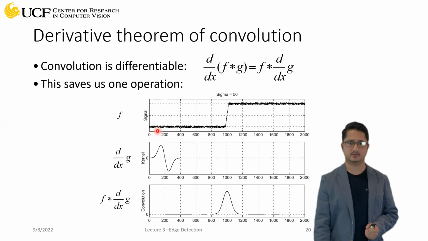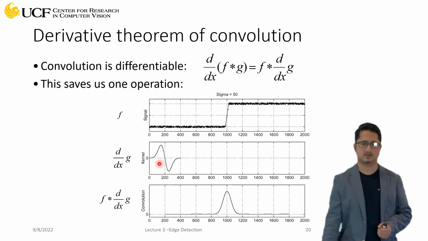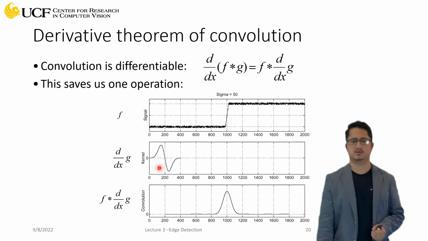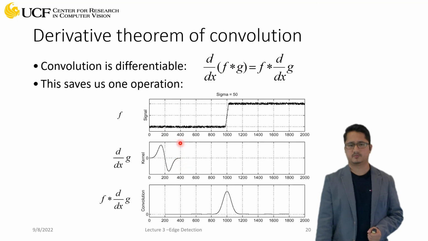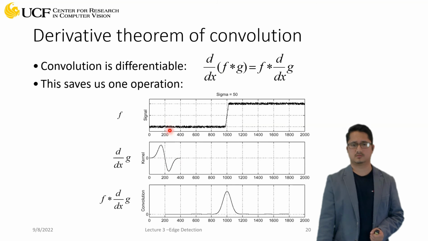If you compute the derivative of this, yeah, that's a good question. I'm just thinking, because if you compute the derivative of this noisy signal, then you're already losing the information about the signal itself, right?